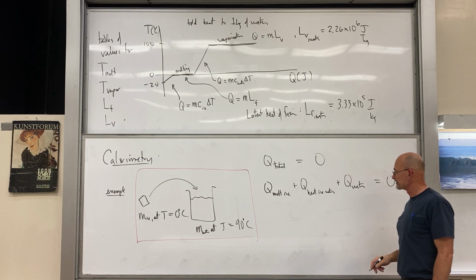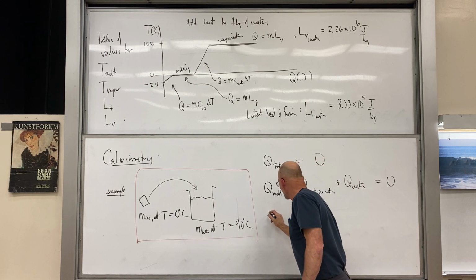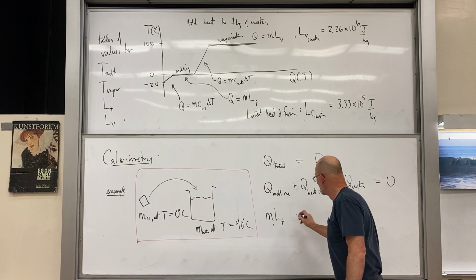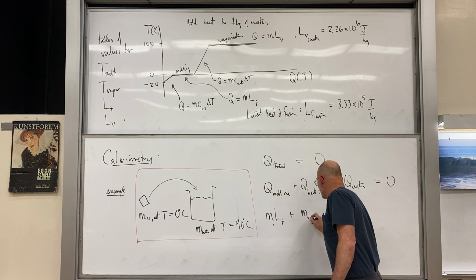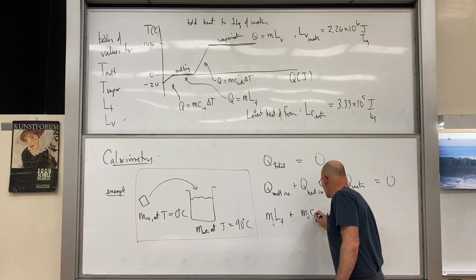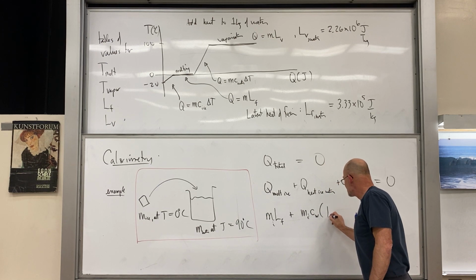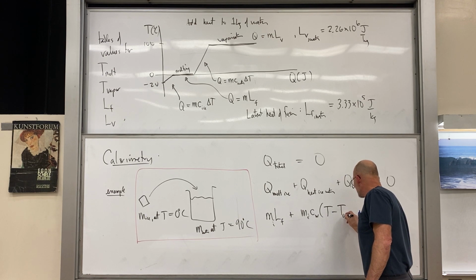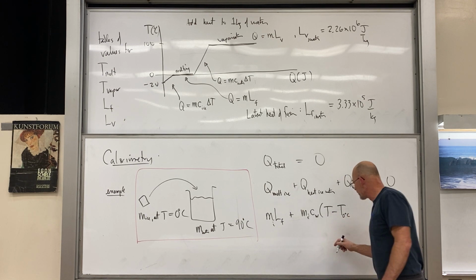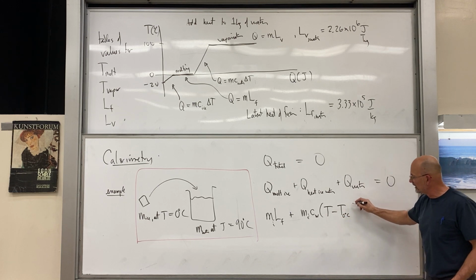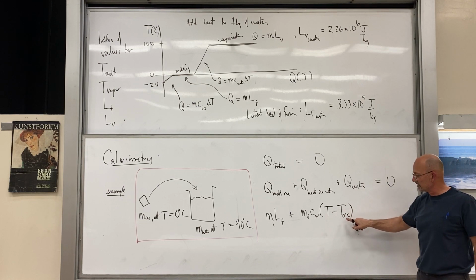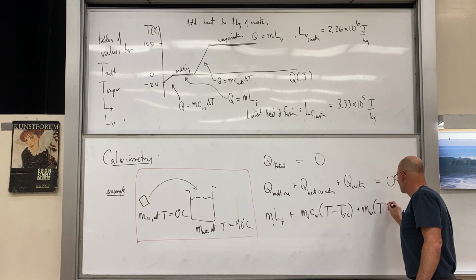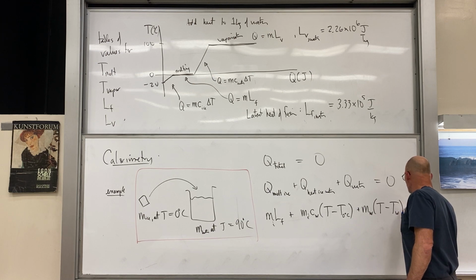Now this is going to be great. Here we're going to have m ice times the latent heat of fusion, plus the mass of the ice, but now it's melted, so its specific heat of water, times T final minus T 0 degrees Celsius. We can actually just put a 0 here, but I'm just putting it as the delta temperature. This is 0. Plus the mass of the water times T final minus the temperature of the water equals 0.